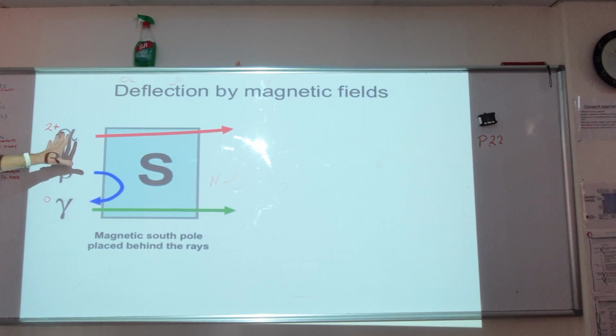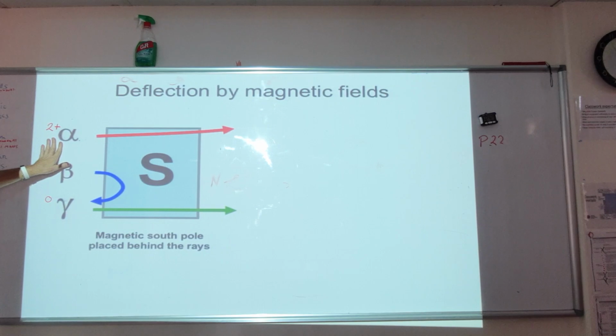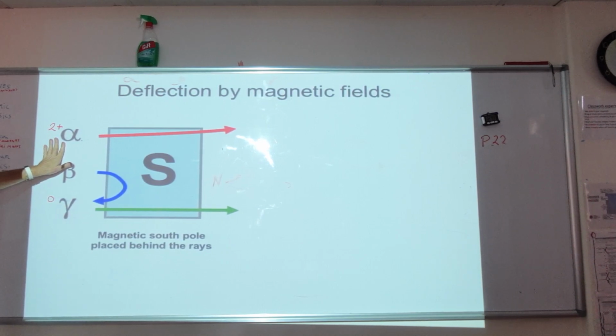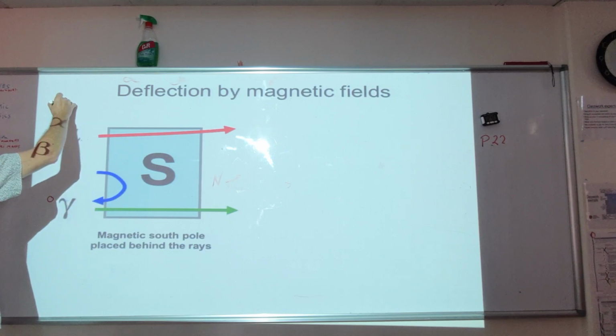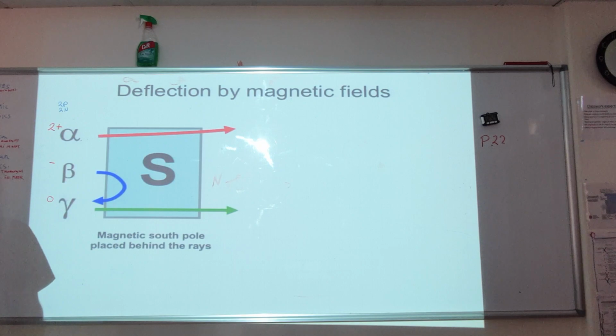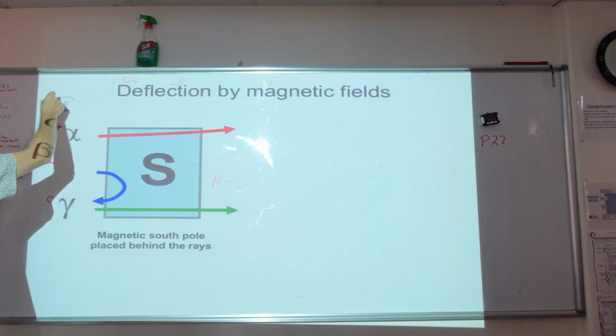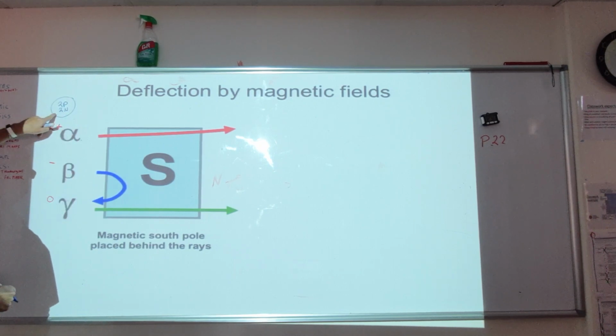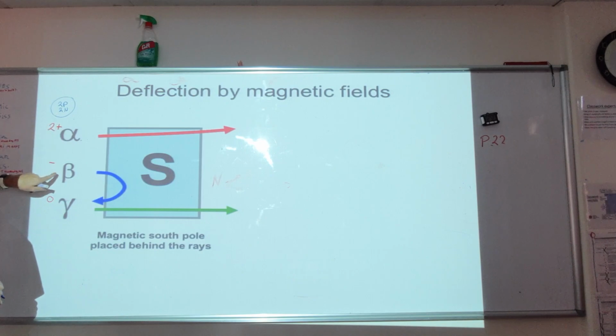Okay, what can we make out of this? Now, alpha has a positive 2 charge. However, alpha contains 2 protons and 2 neutrons. In mass, this is way more than the mass of the beta.